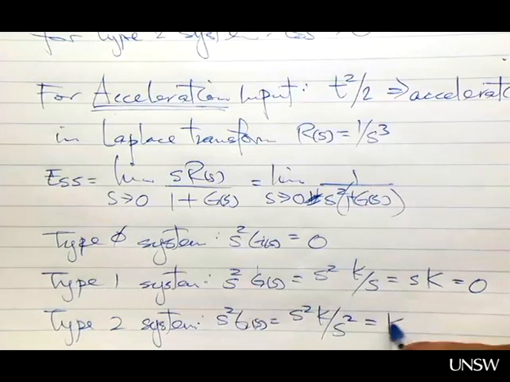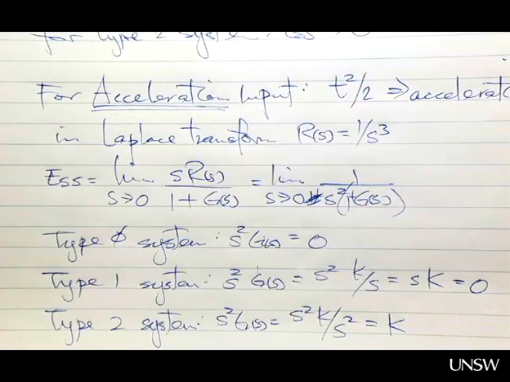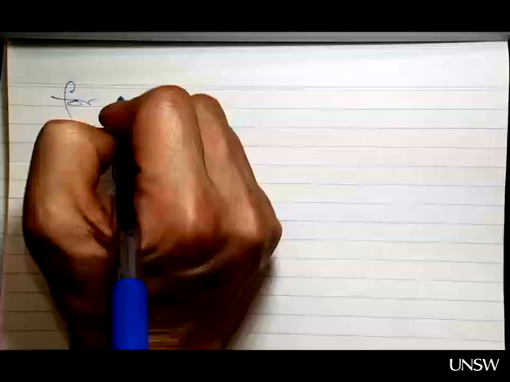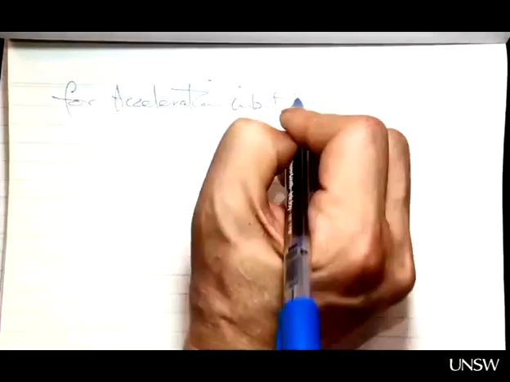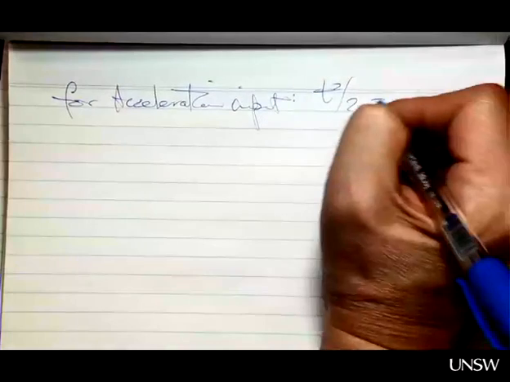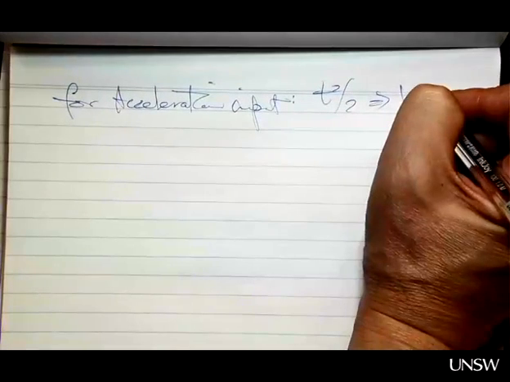So it is K. Then we can conclude that for acceleration input, the input is equivalent to 1 over s cubed.